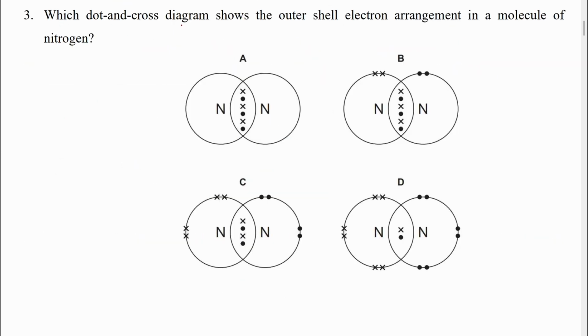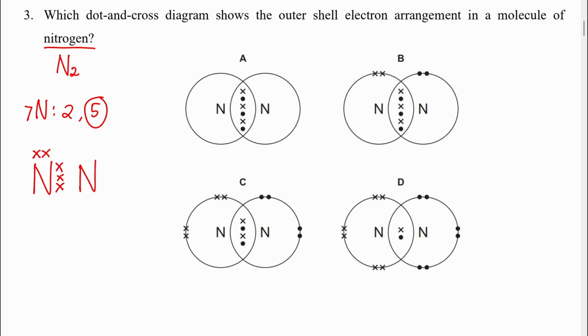Question 3. Which dot and cross diagram shows the outer shell electron arrangement in a molecule of nitrogen? So remember, nitrogen is a diatomic gas, so it is N2. And what is the atomic number for nitrogen? 7, right? So 7 nitrogen is 2, 5. So nitrogen has 5 valence electrons. And how we configure this with another nitrogen? So 1, 2, 3, 4, 5, right?